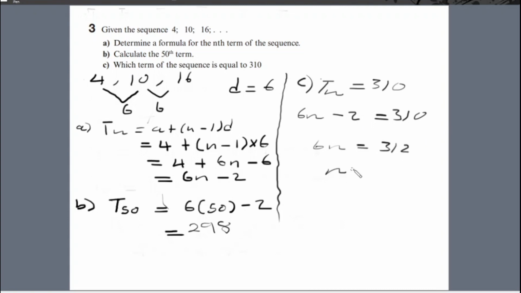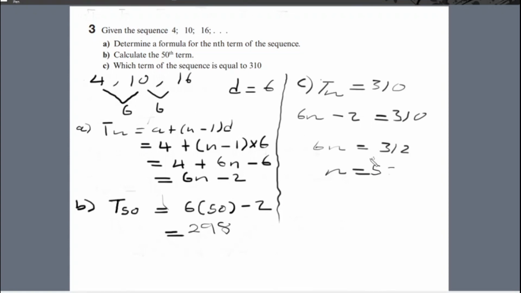Now divide ngo6 both sides, uzothola ukuthi u-n ngu 312 divided by 6, u-n ngu 52, right? N is 52. So u310 uku-position number 52.